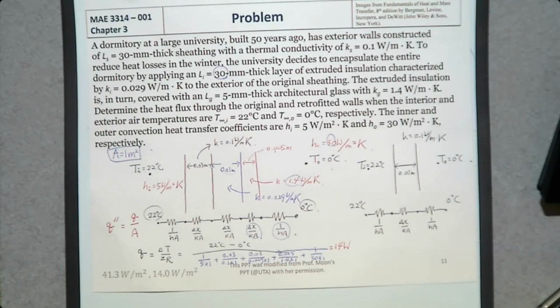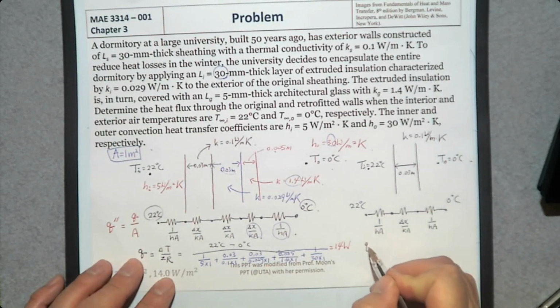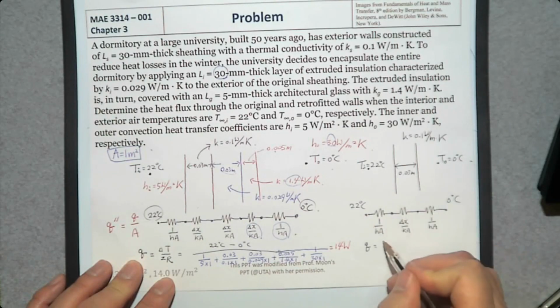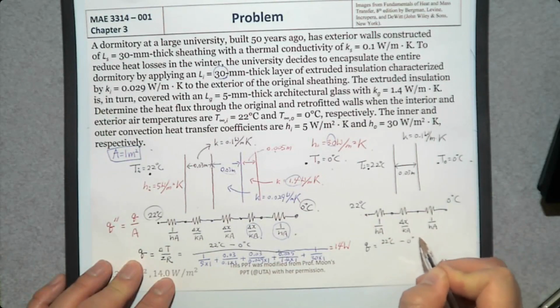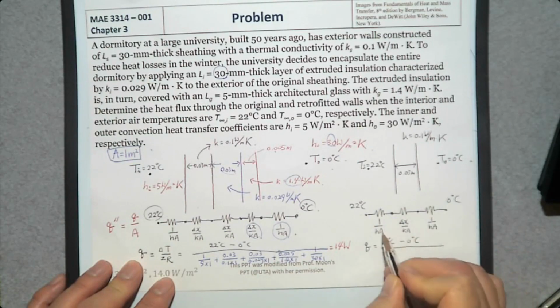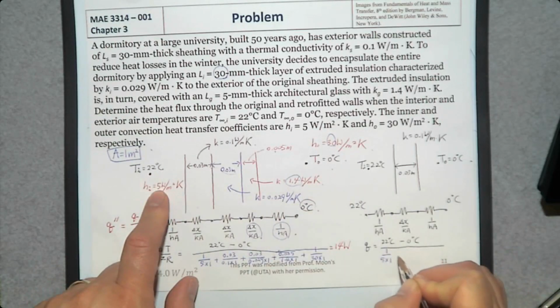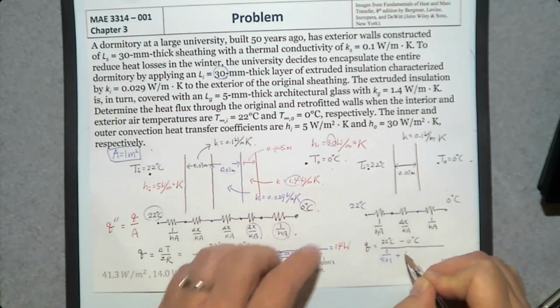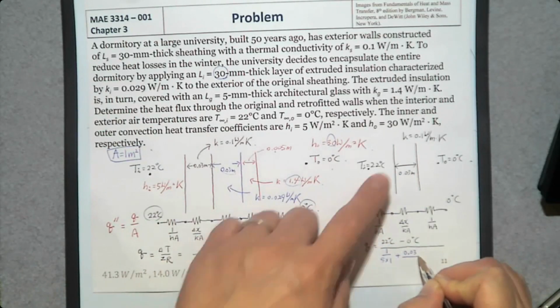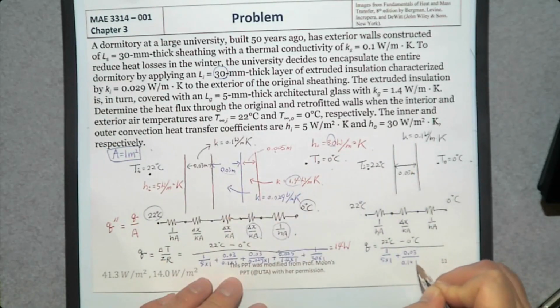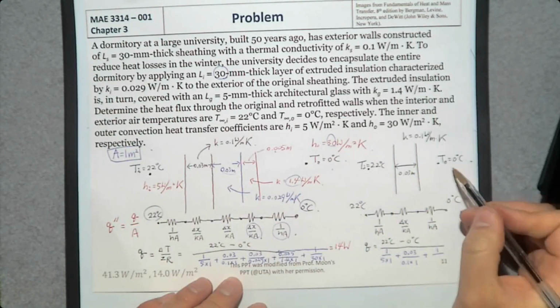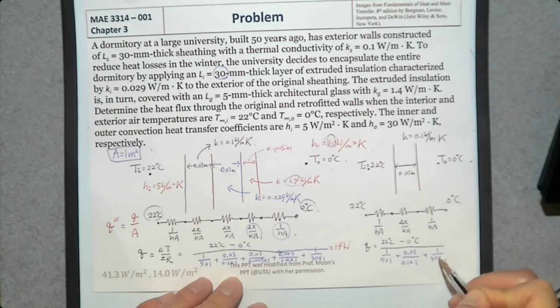What about the rate of heat transfer without insulation, without glass? Then Q can be determined by the temperature difference, 22 degrees Celsius minus 0 degrees Celsius. How many resistances? 3. 1 over h, h is 5 times unit area, 1, plus delta X, the thickness, 0.03 divided by thermal conductivity 0.1 times 1, plus 1 over h, 30 times 1.